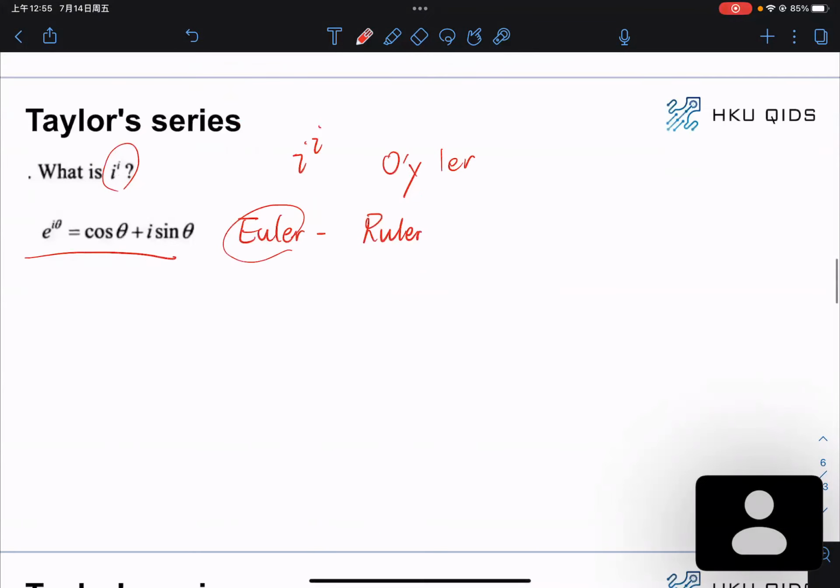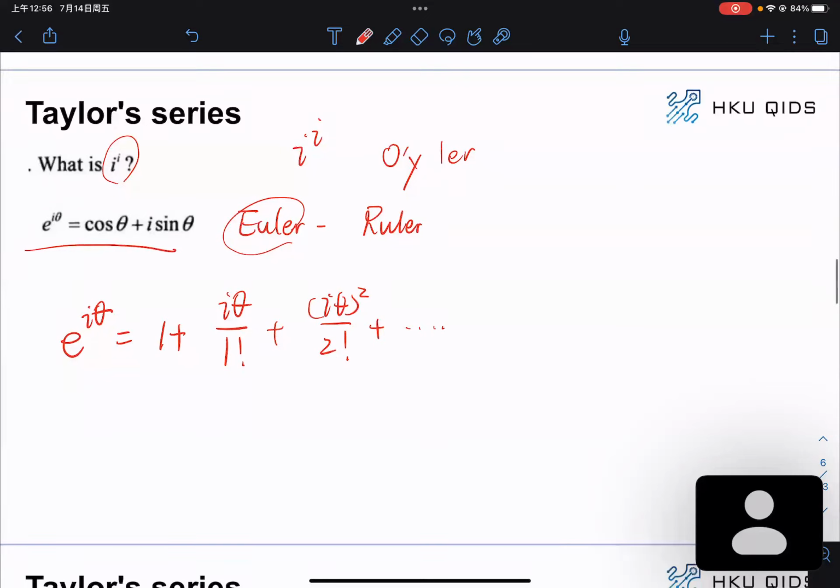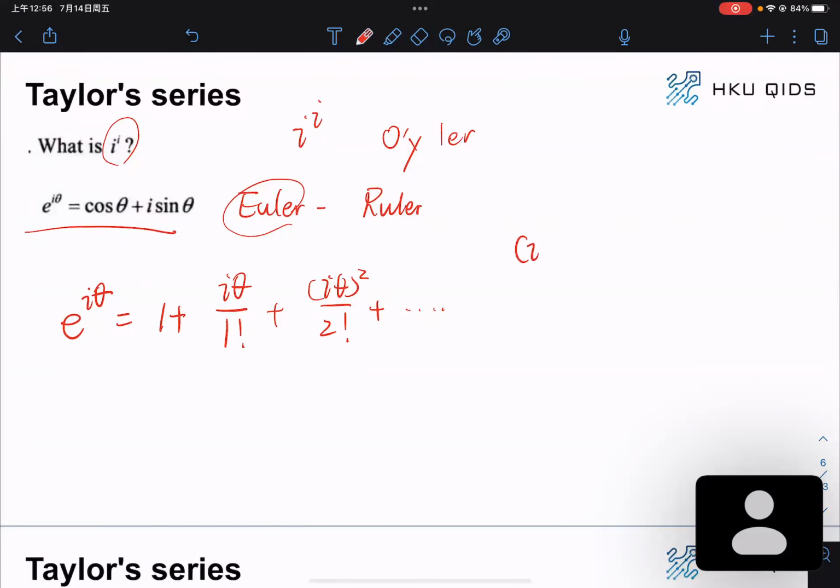e^x. So e^(i theta) is going to be what? It's going to be 1 plus i theta over 1 factorial plus (i theta) squared over 2 factorial, plus all the way on, right? And we know that i squared is going to be -1.